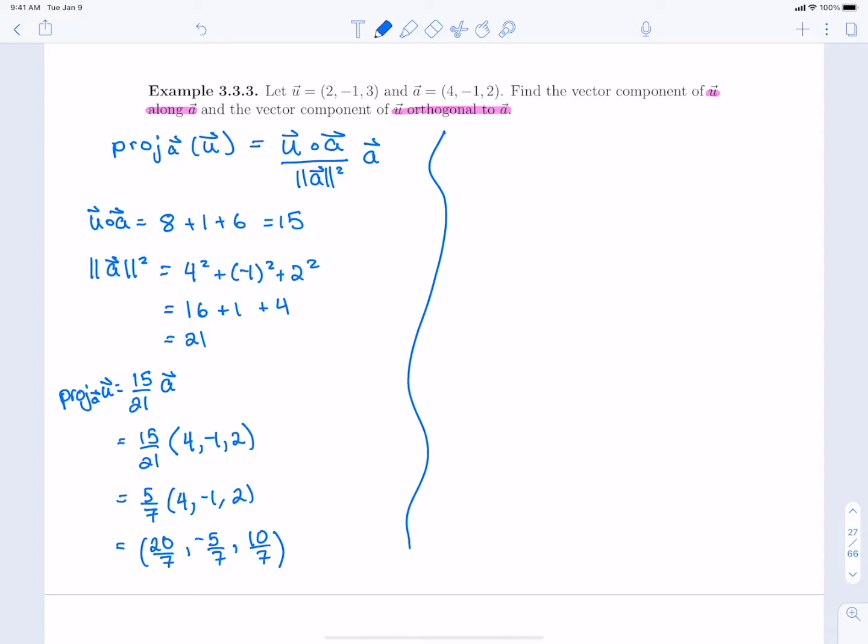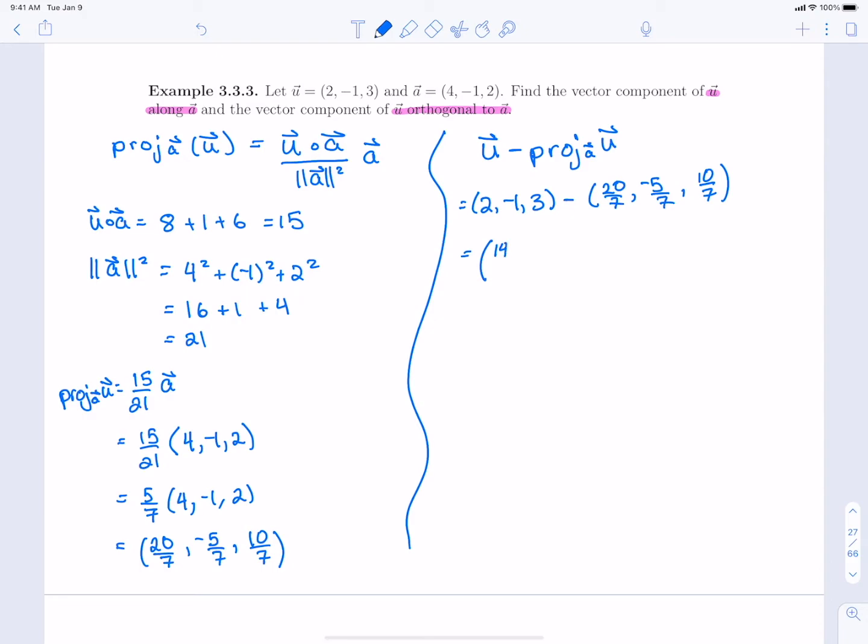All right, if I then need u orthogonal to A, I just have to go u minus the projection of u on A. So that's 2, negative 1, 3 minus 20 over 7, negative 5 over 7, and 10 over 7. If we're going to do this subtraction, we want to make sure that we're on a common denominator.